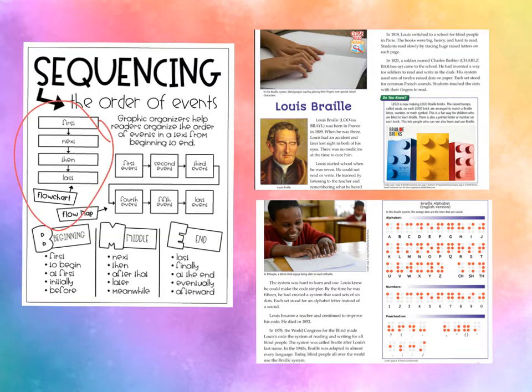And so the text that I'm going to be modeling with you guys is this text. It's called Louis Braille. And this is a historical text or informational piece about the life of Louis Braille.